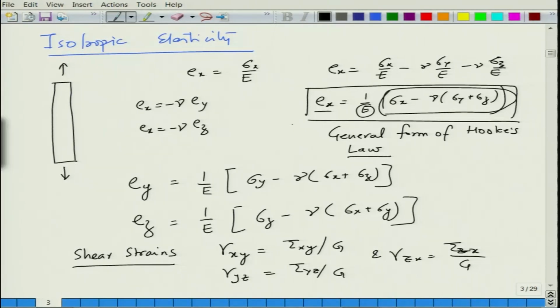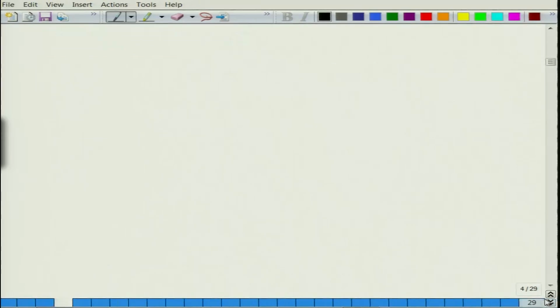The first three are tensile strains and the other three are shear strains. Now what we want to do is get a relation between the elastic properties.